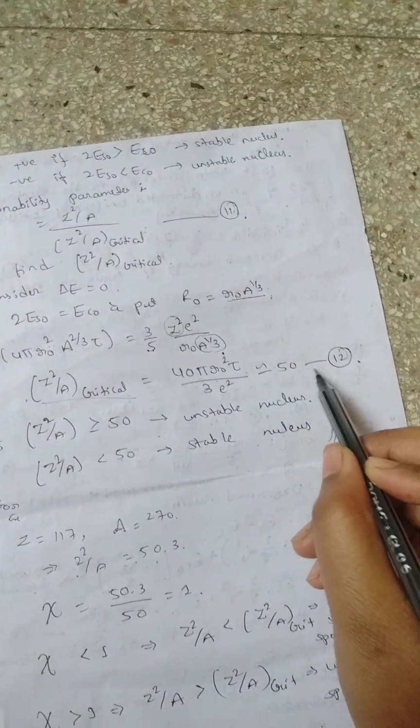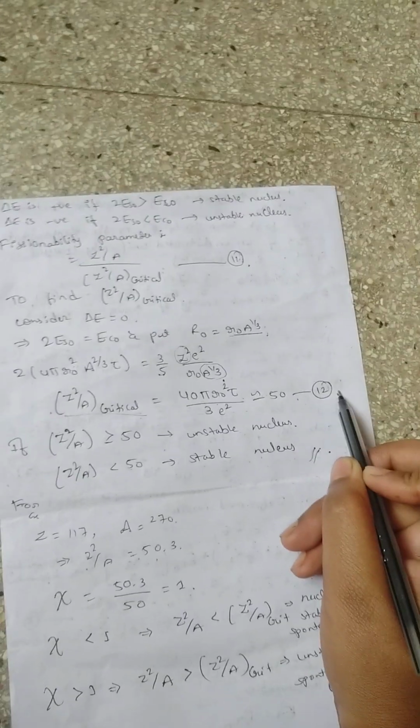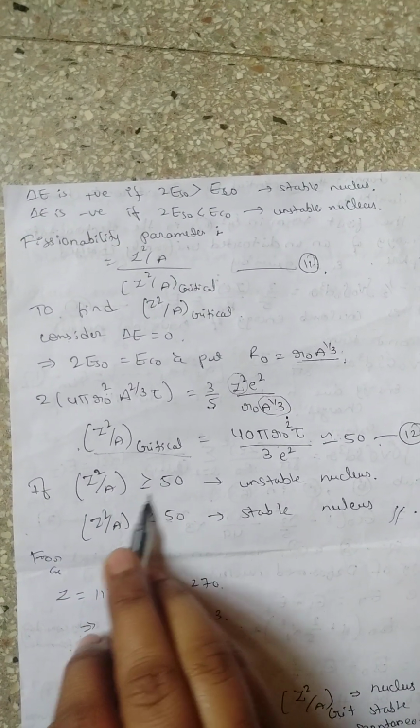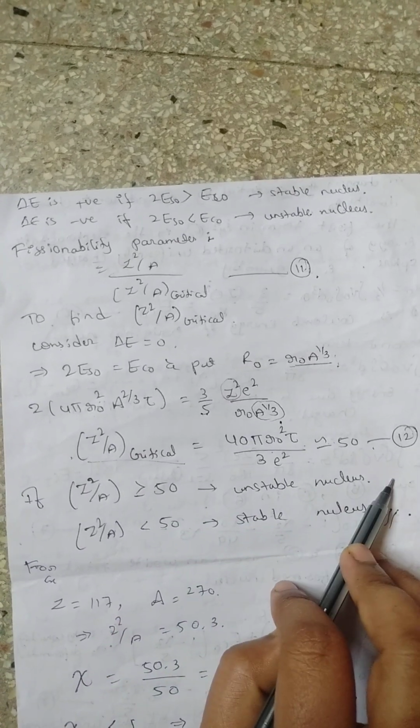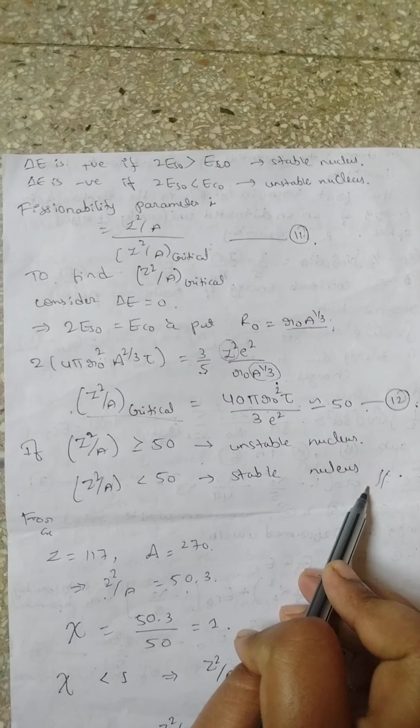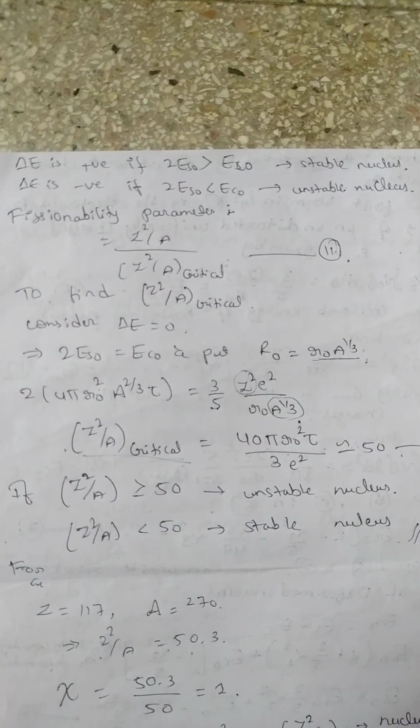This is nearly equal to 50, called equation number 12. If Z square by A is greater than or equal to 50, it is unstable. If Z square by A is less than 50, it is a stable nucleus. Here we got the feasibility parameter.